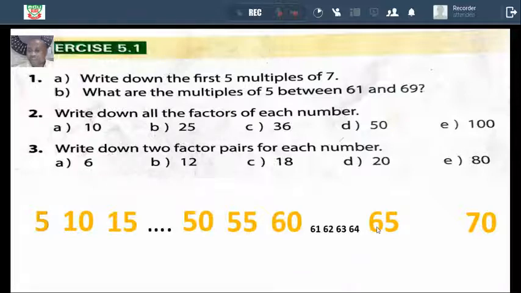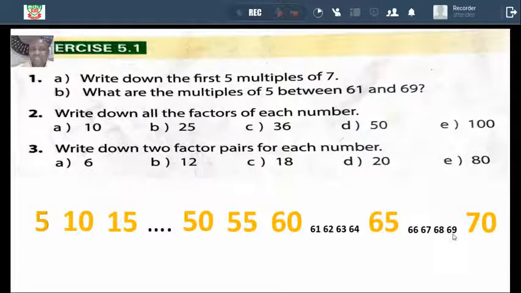And from 65 to 70, we also have the numbers here, which is 66, 67, 68, 69. Now you can cater 61 and 69, even though 61, as you can see, I didn't put it in golden numbers. It is not a multiple of 5. And 69 is also not a multiple of 5.